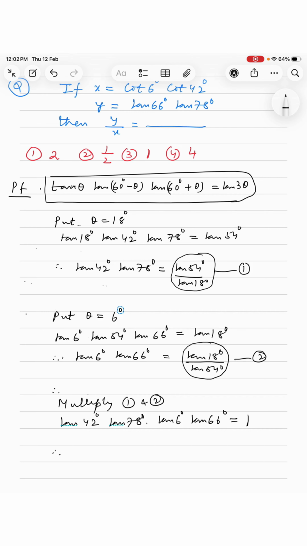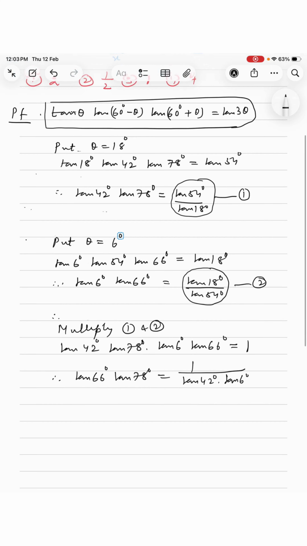Therefore, tan 66 degrees into tan 78 degrees, we can also write it as 1 by tan 42 degrees into tan 6 degrees.